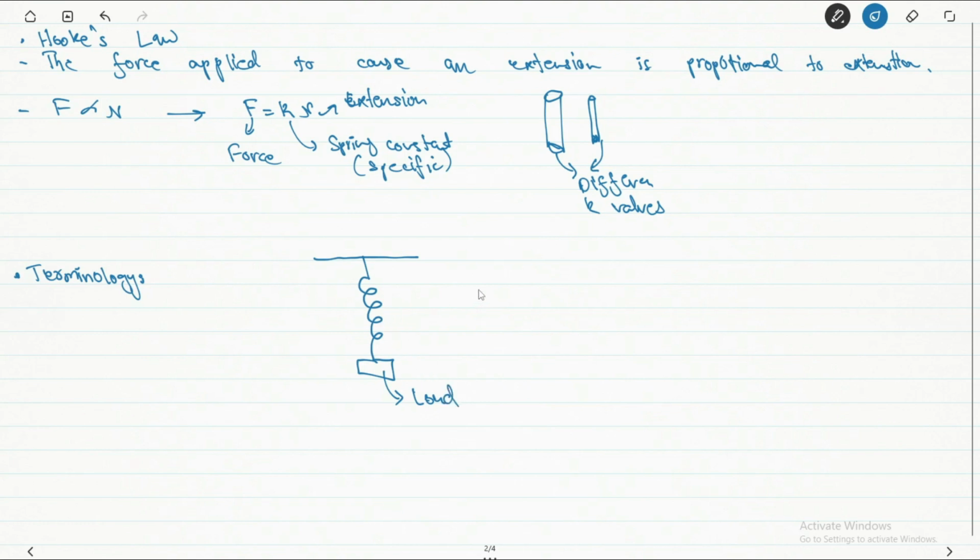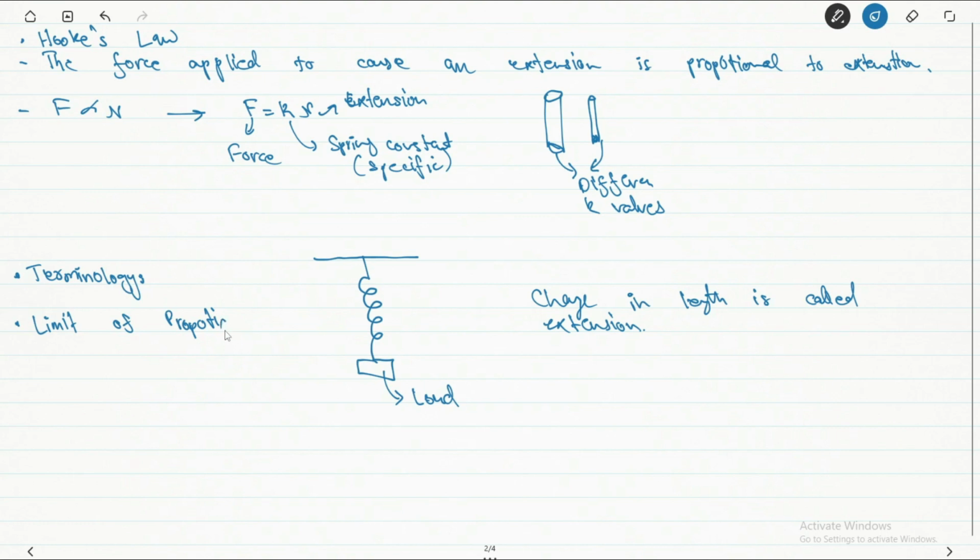And the length increase or decrease in length is called extension. So even if the length is decreasing, you will call it extension in this context.